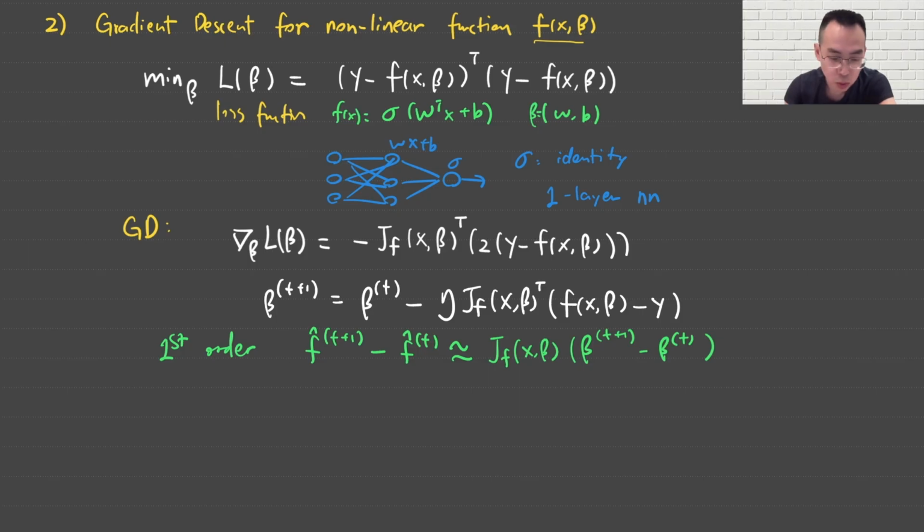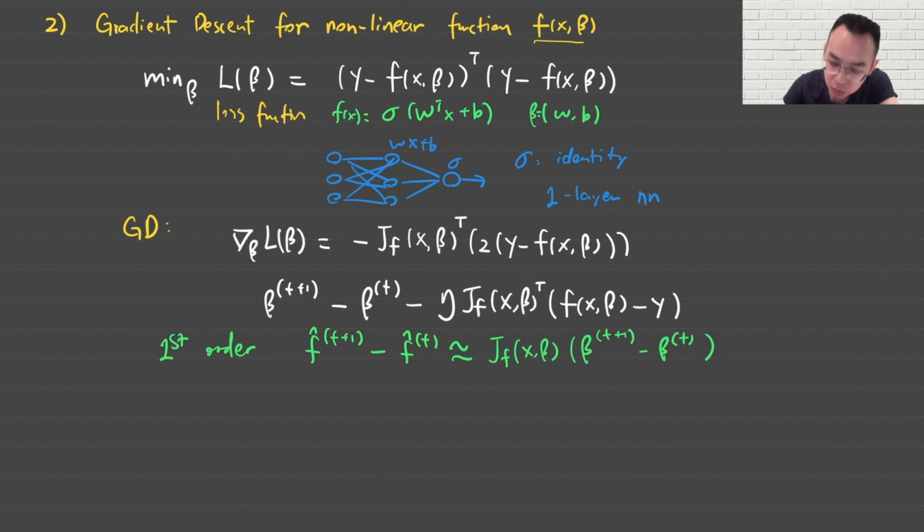Now we can multiply the Jacobian matrix on both sides of the equation. Also, I'm just going to move the terms around a little bit, right? So I can move this beta t to the other side, and then change this to a minus sign here.